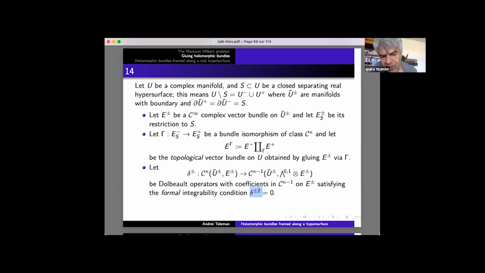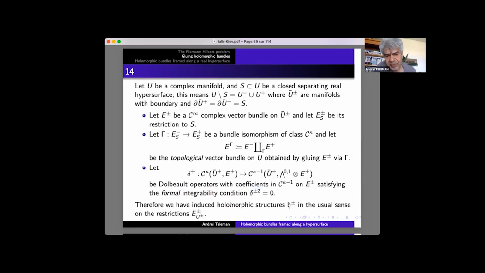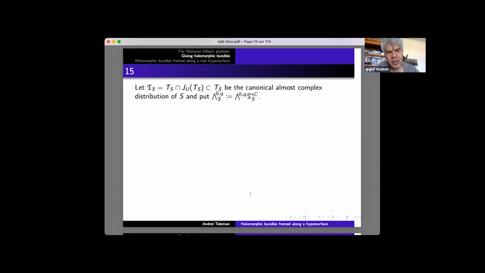What does this mean? This means that we have induced holomorphic structures in the usual sense on the restrictions to the open parts. So the holomorphic sections with respect to these holomorphic structures are precisely the solutions of the equation delta s equals 0. So this is the relation between the Dolbeault operator and the holomorphic structure.